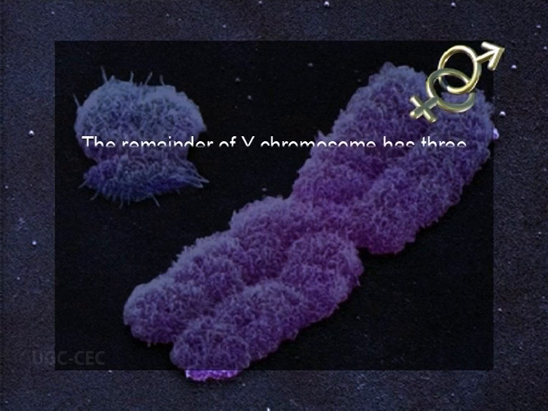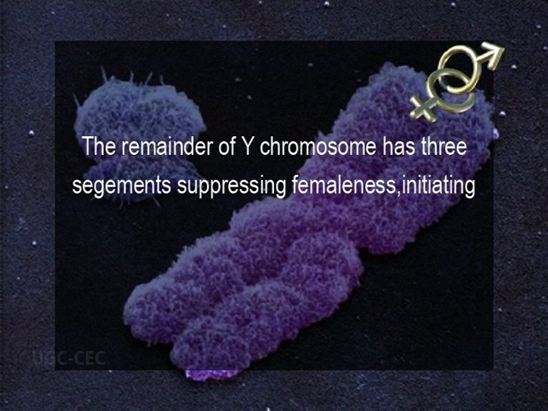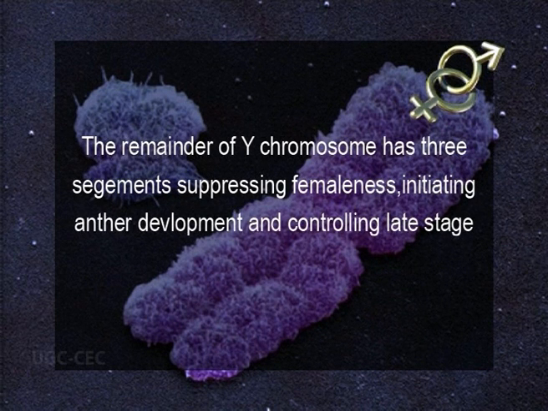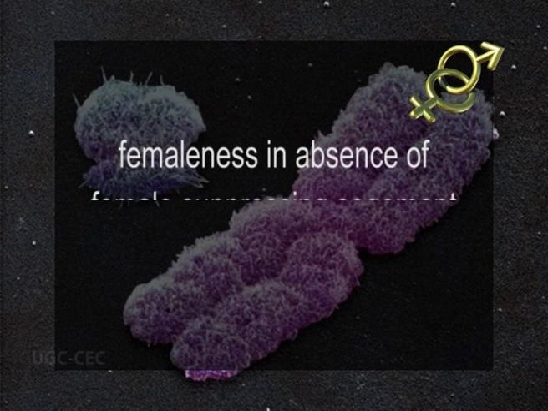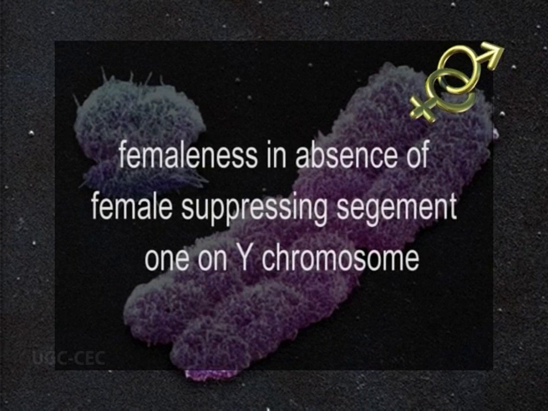The remainder of the Y chromosome has 3 segments: suppressing femaleness, initiating anther development, and controlling the late stage of anther development. The X chromosome has a differential segment 5, which promotes femaleness in the absence of the female suppressing segment 1 on the Y chromosome.